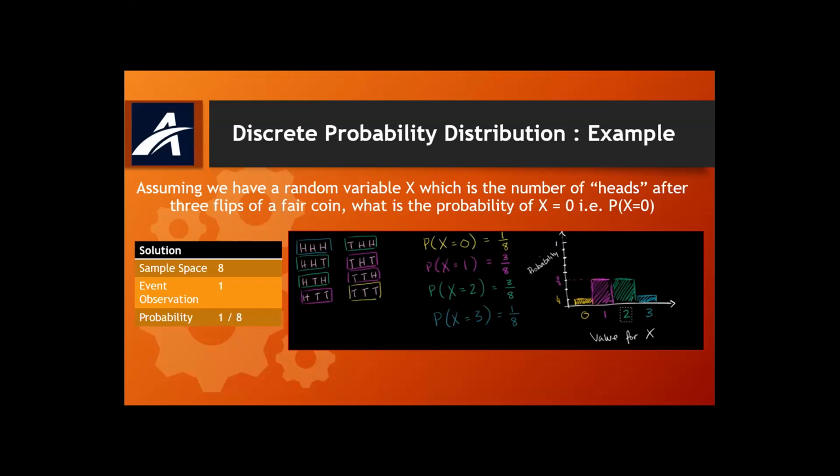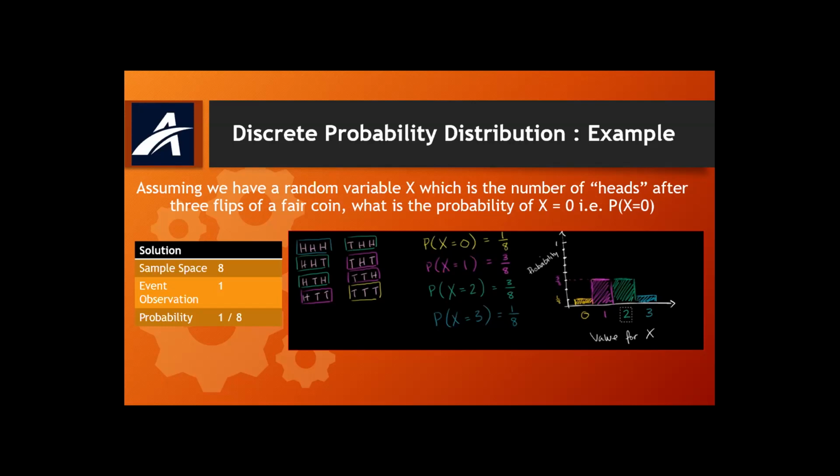If x is 0, it means that we won't get any head. So we need to first find our sample space. Once we find our sample space, we determine which of the outcomes we are interested in, and we're interested in outcomes that do not have a head.